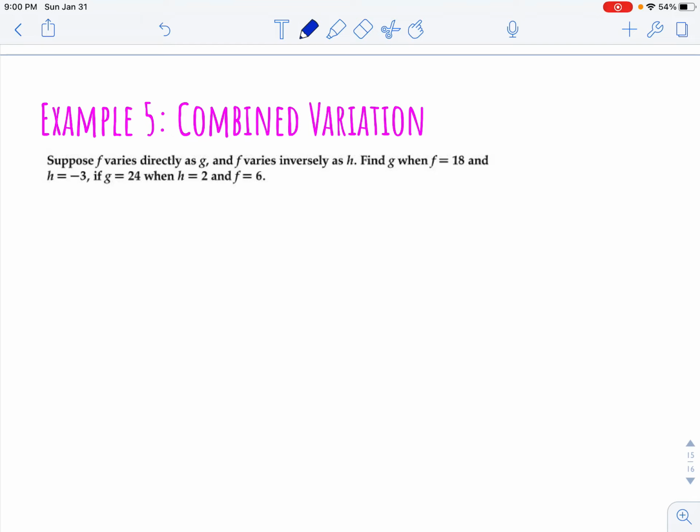So f1 is equal to kg1 over h1 because you're varying directly in your numerator and inversely in your denominator. Then you would have f2 is equal to kg2 over h2.